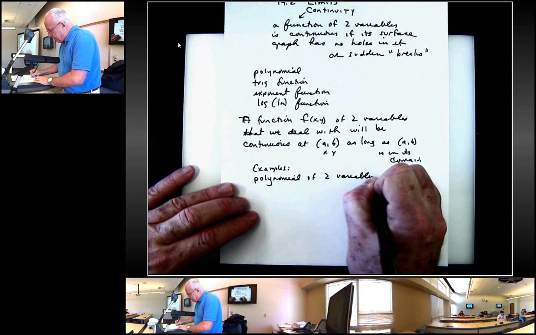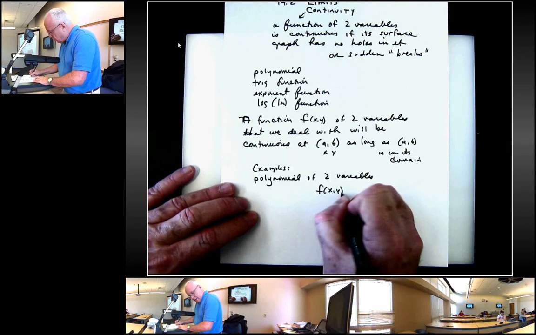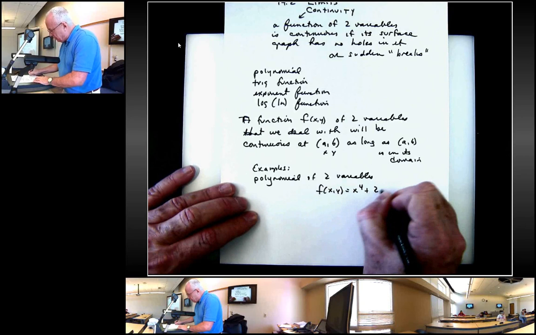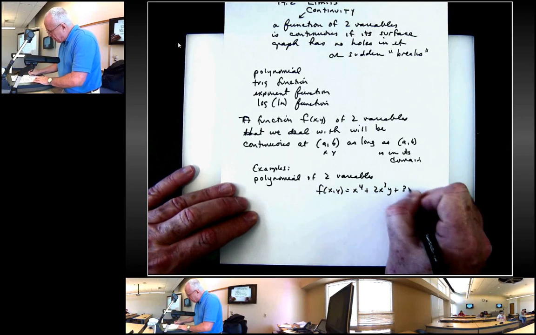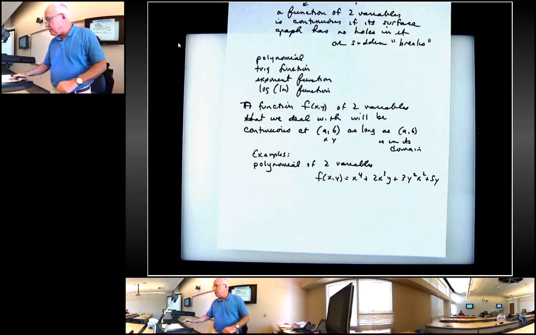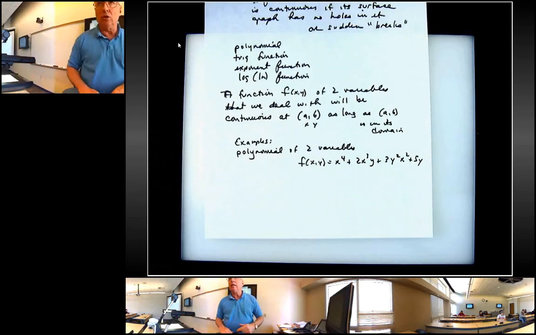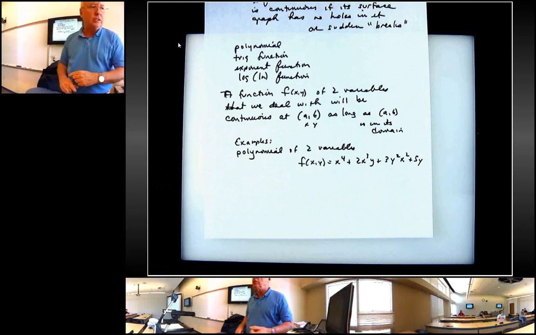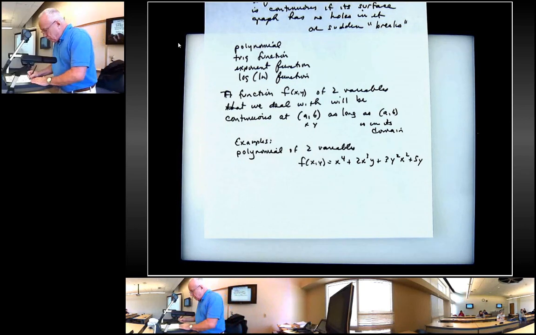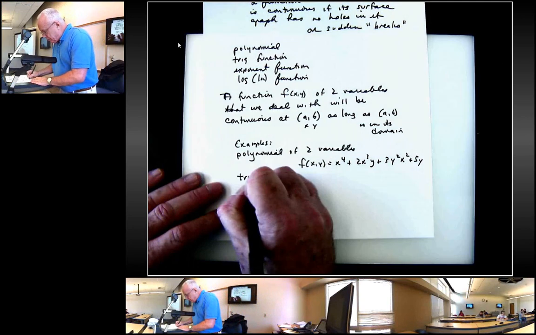Something like f(x,y) equal, I don't know, x to the fourth plus 2x cubed y plus 3y squared x squared plus 5y. Let's just say any combination of x and y, but it looks like a polynomial. It all has integer exponents. That's certainly a continuous function.